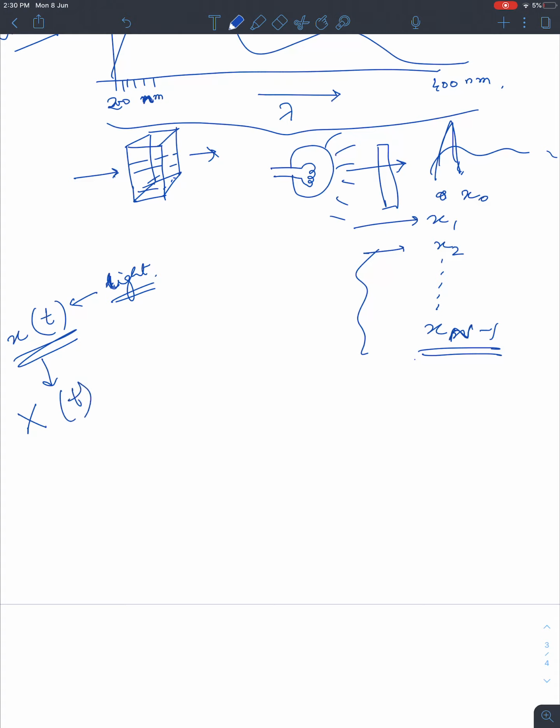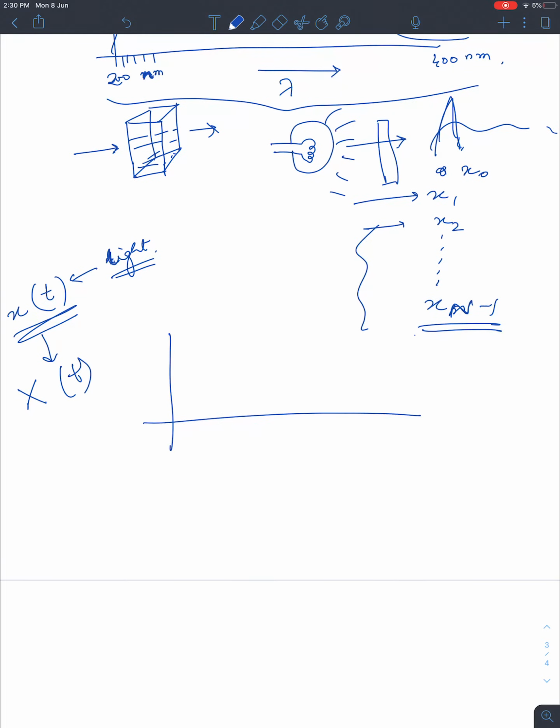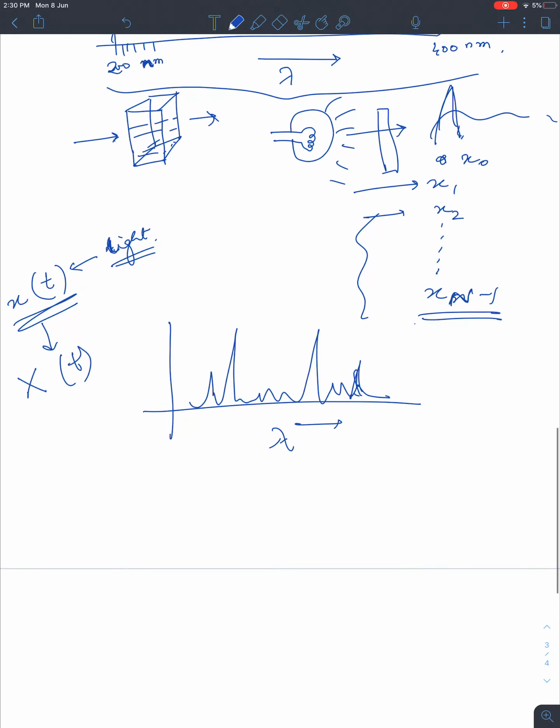So that way we will be able to say what different frequencies the emitted light has, and using that kind of data we will be able to generate a beautiful emission spectra, right? An emission spectra like this can be generated. You can read up more on the FTIR.